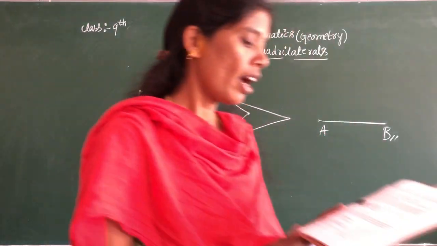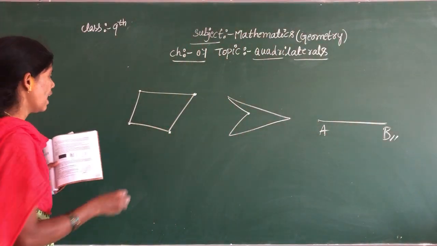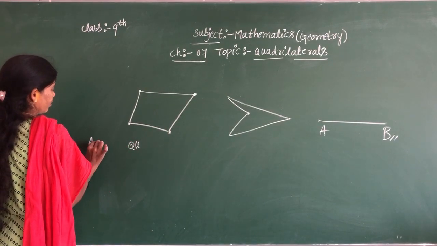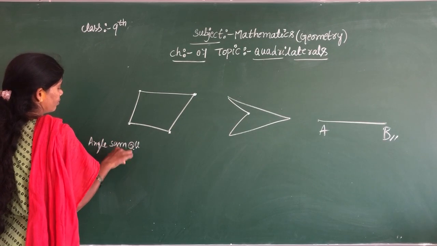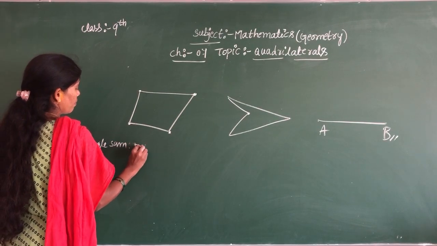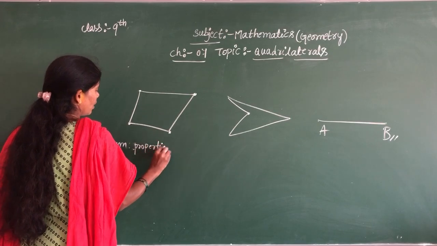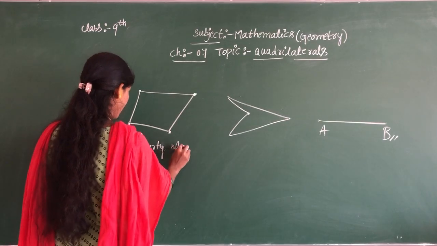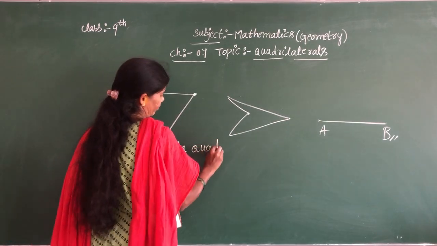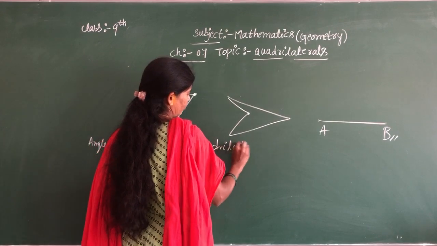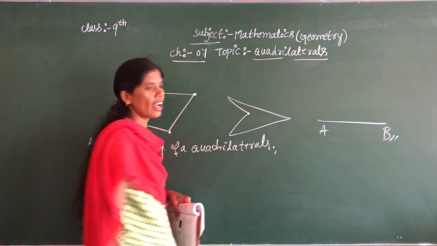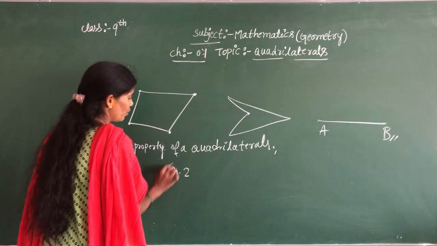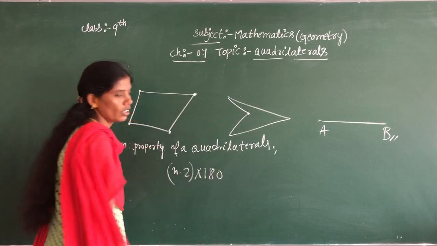Now some property of a quadrilateral. How many degrees? The formula is (n minus 2) into 180 degrees, already you know.